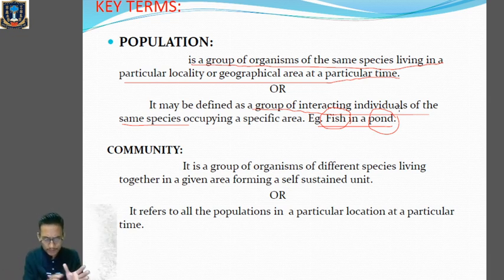Now, when we talk about population, all the individuals of a given species in a particular area at a particular time form the population. But we can say that no two individuals are identical.